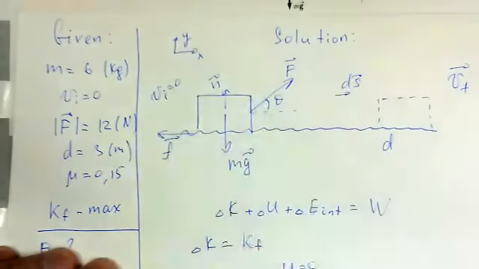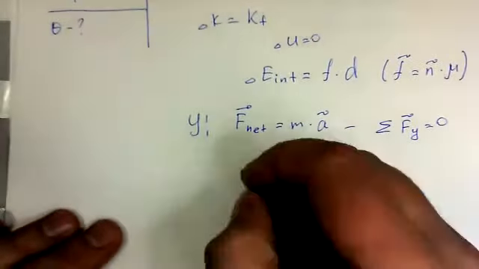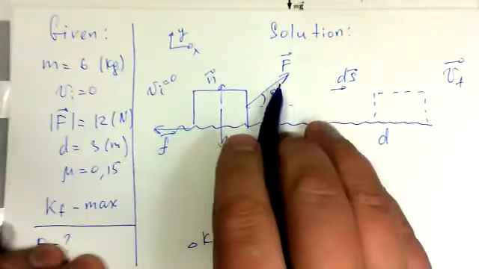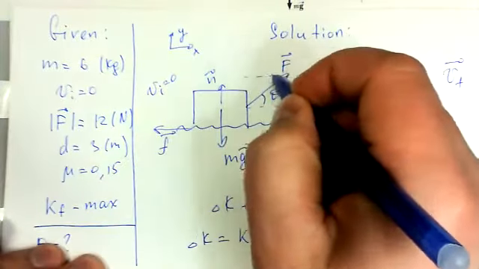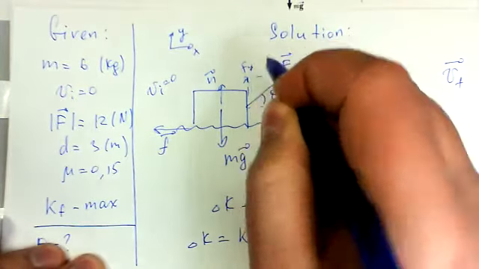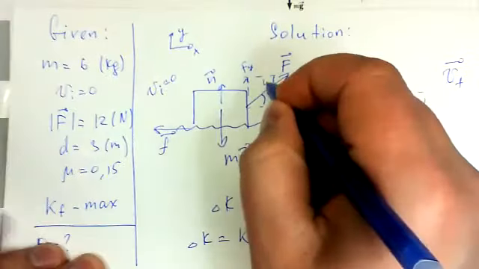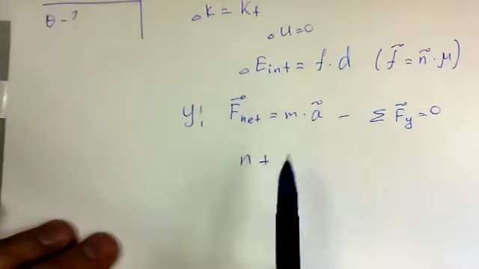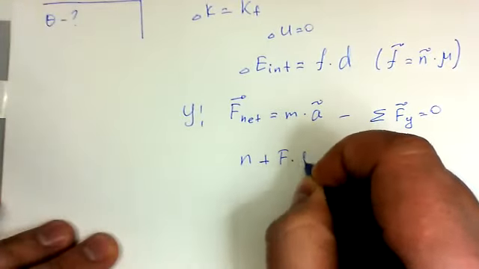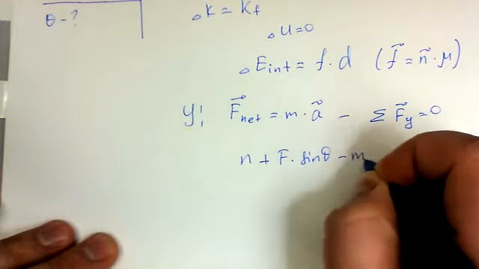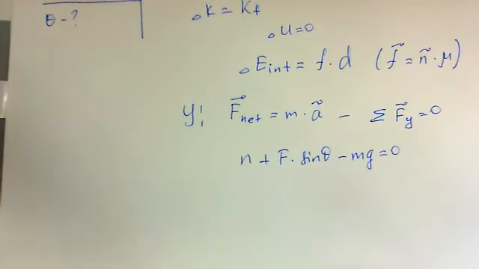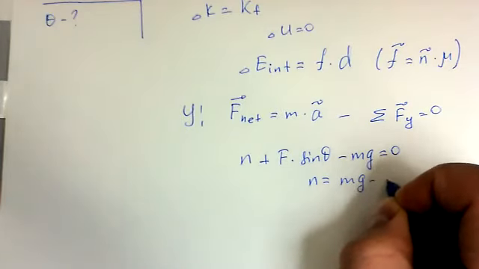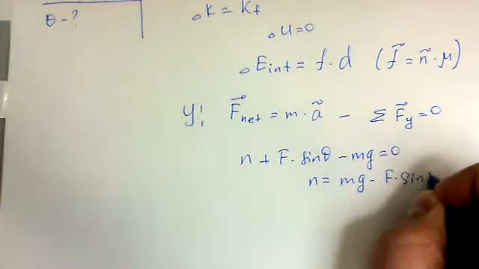They are the normal force plus the y component of this external force. Here is the y component. So this angle theta equals this angle theta. So the Fy component would be equal to F times sine theta. Agree? So N plus F sine theta minus mg equals 0. So from that, the normal force equals mg minus F sine theta.